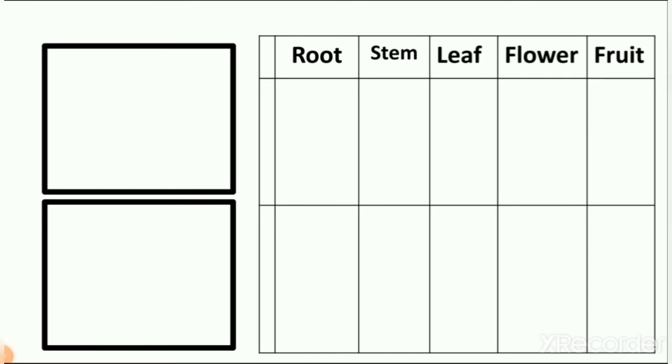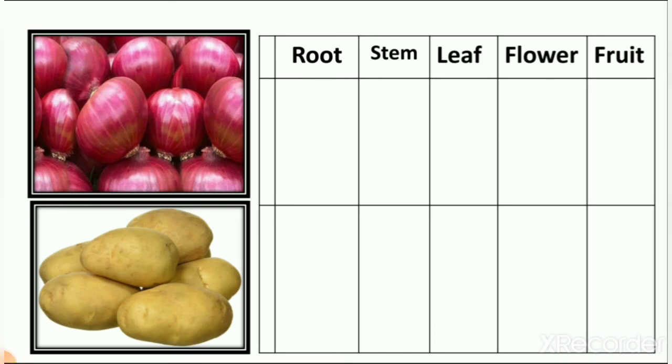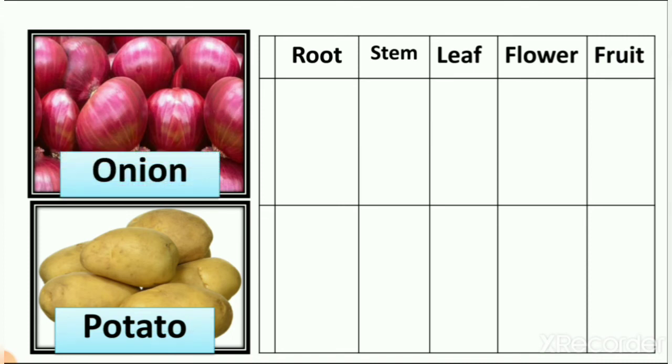So, let's start. Let's see which is the first one. Here we have 2 vegetables, right? When we learned about fruits and vegetables, we learned that onion is a vegetable and potato is also a vegetable. First is potato and second you can see onion.